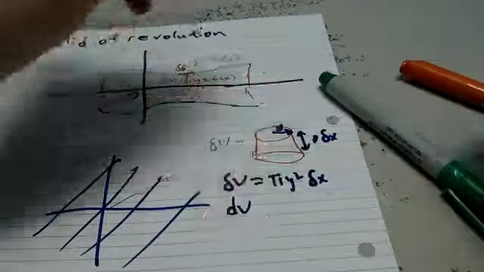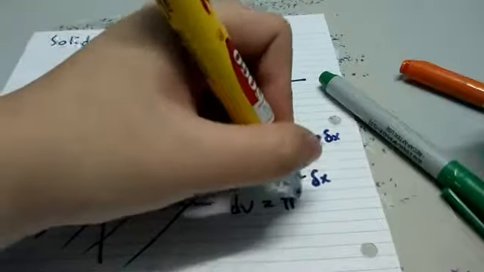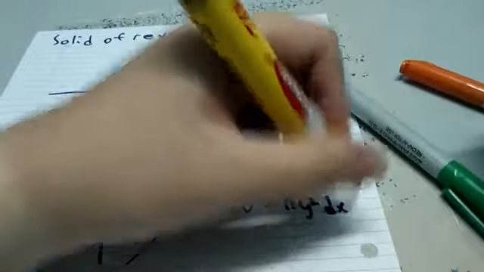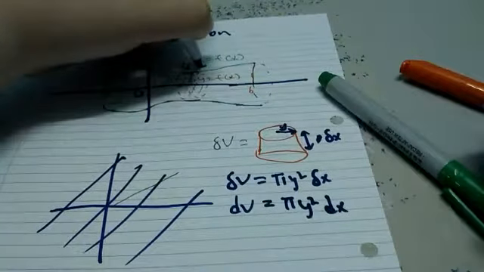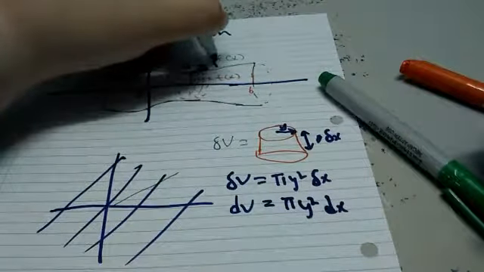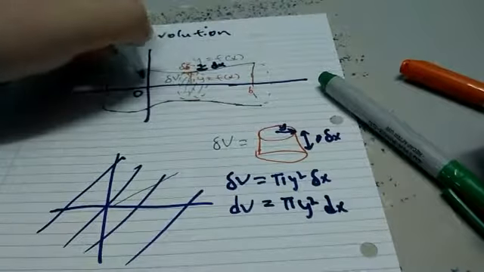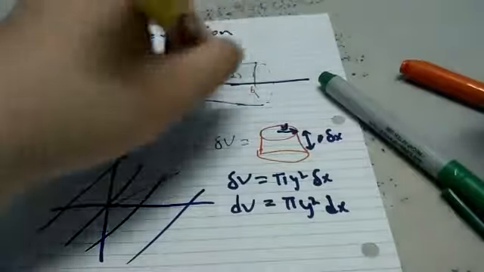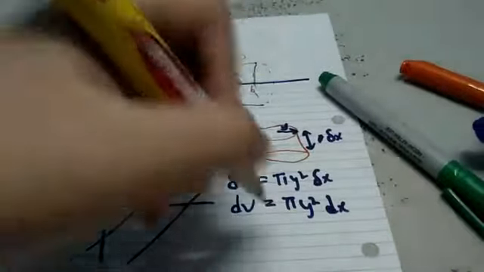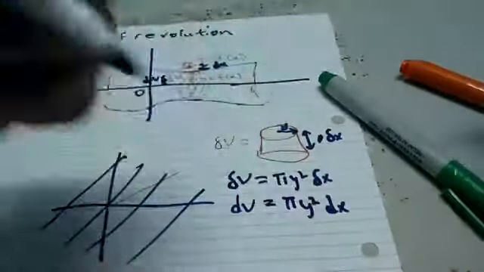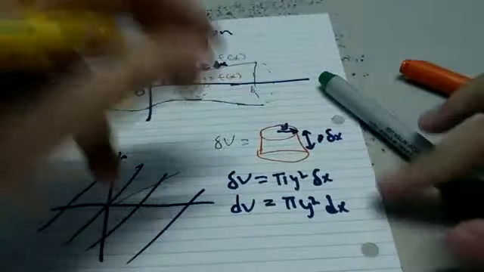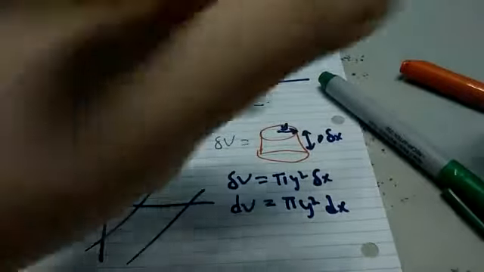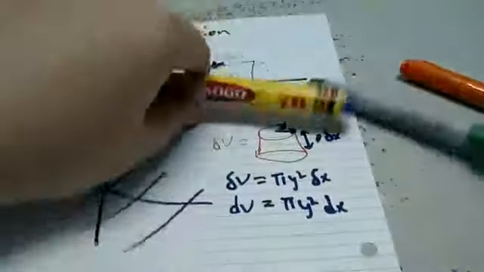Then delta x, I can call it dx. Let me write this down. So dV is approximately equal to delta V. Then, with this small approximation for the two equations, we are going to integrate.